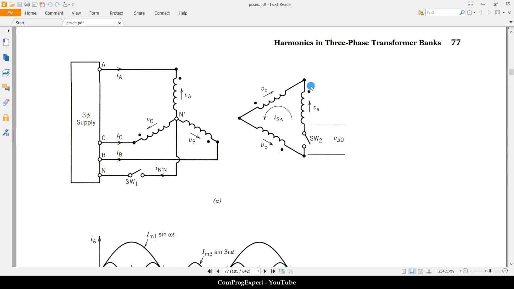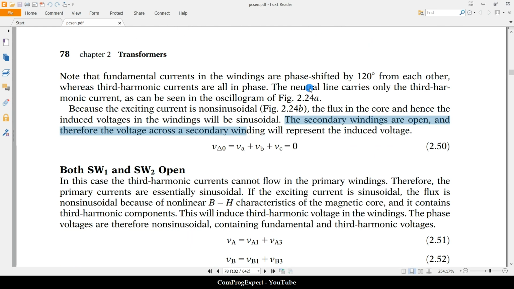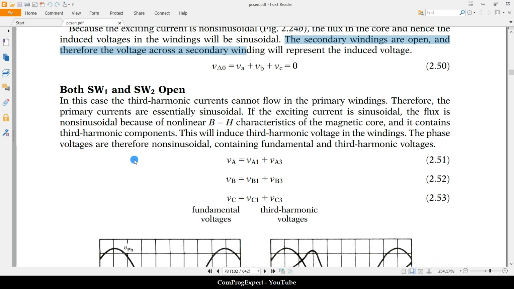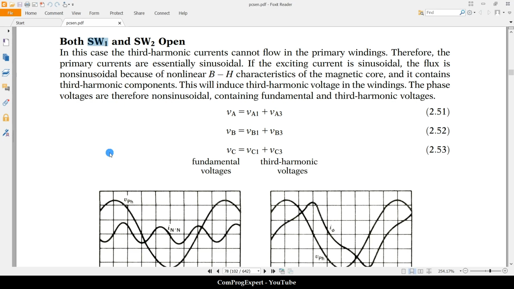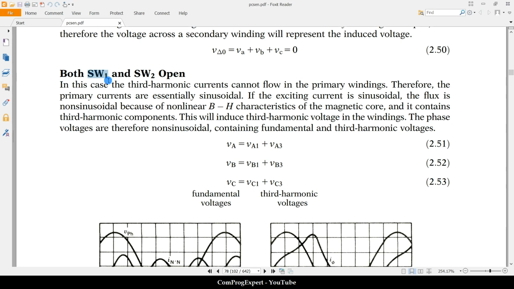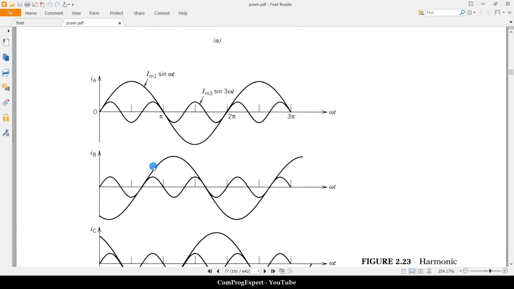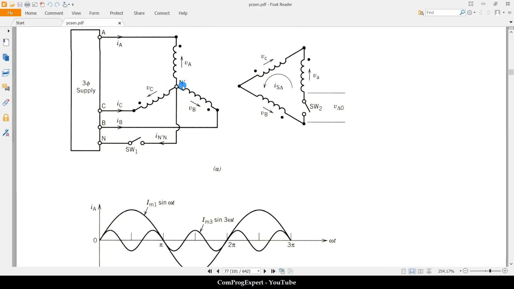But what if we open SW1? In the case that SW1 is open, the third harmonic current cannot flow in this line.